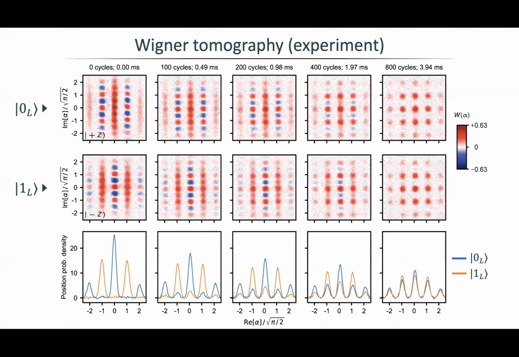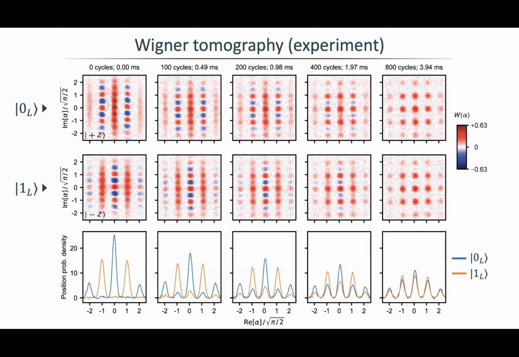At time 0, we have these very nicely separated peaks that I showed you the cartoon of before, but now this is a real measurement of the wave function. And you see that as time goes on, this blue state, which is 0, starts acquiring these peaks in the locations of the opposite states. They keep growing until these states mix completely. So the logical channel that describes this decoherence is actually a Pauli channel. It just mixes these two states together.